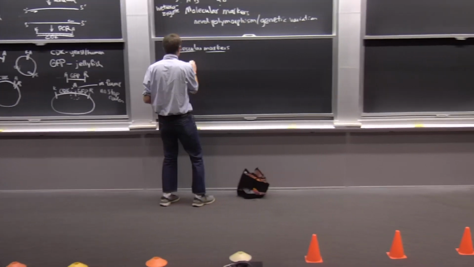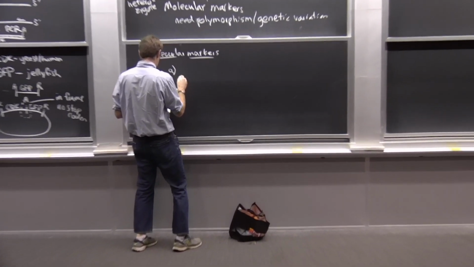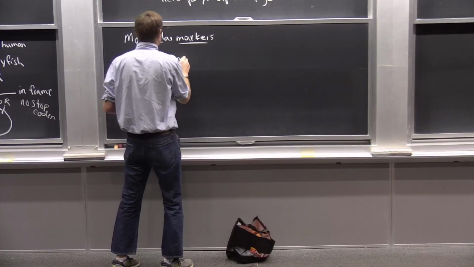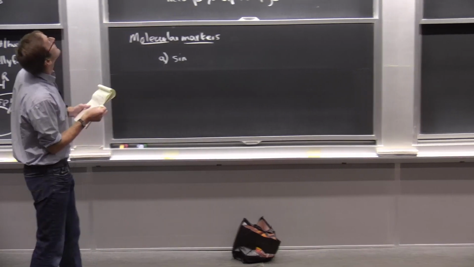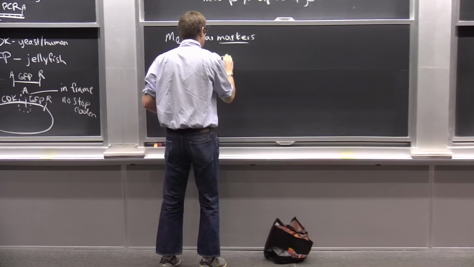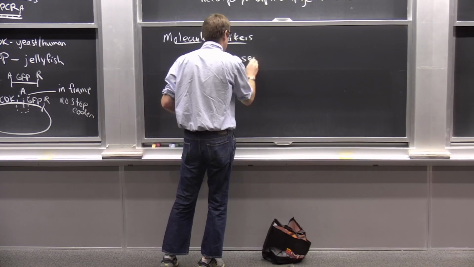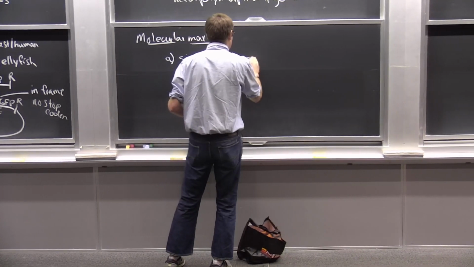Okay, so I'll start with the first one, which is, what's it say? A simple sequence repeat. It goes by many names, but I will stick with what's on the slide.